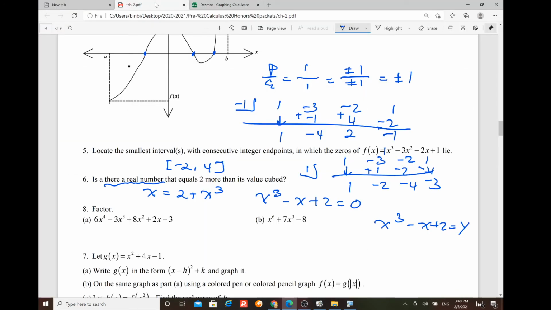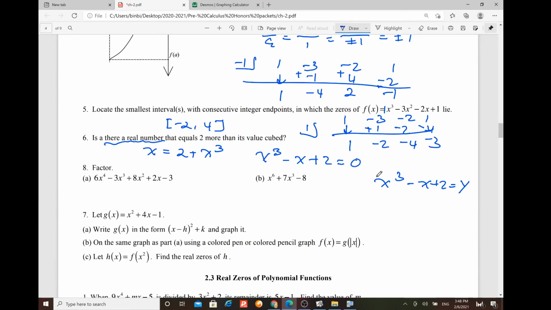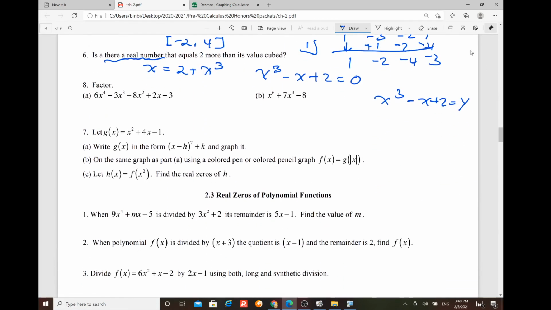So going back to the packet, the rest of this is all about factoring. You can either factor by grouping, or you can factor by using the smiley face method. Try this one. It has 1, 2, 3, 4, 5 terms, a pentanomial. So again, try to factor by grouping and see what happens.